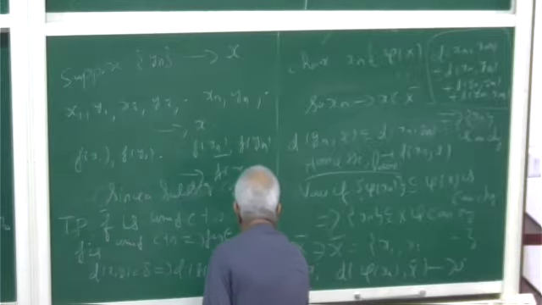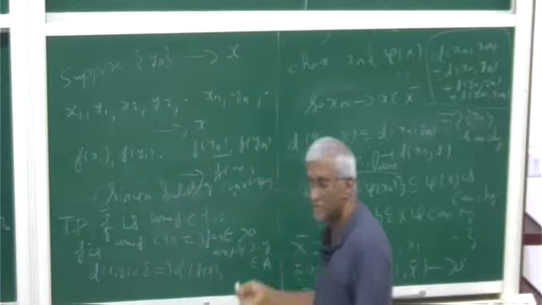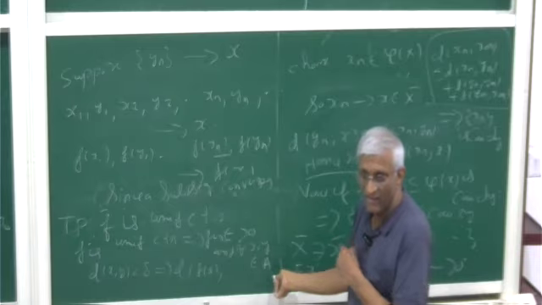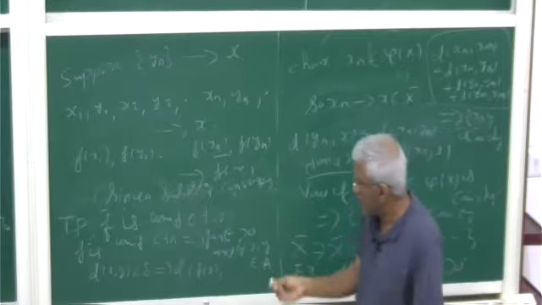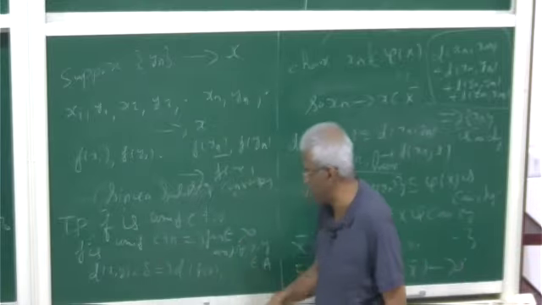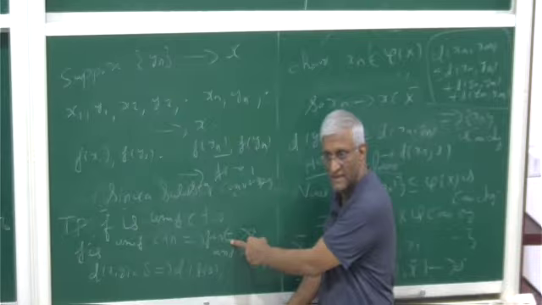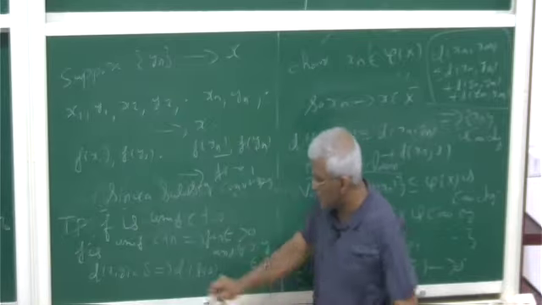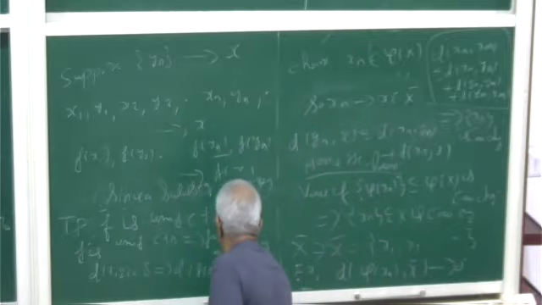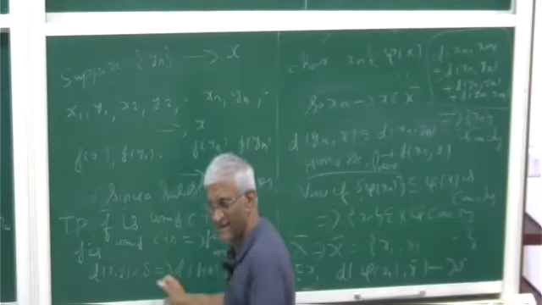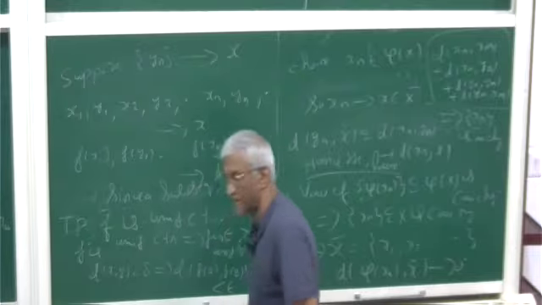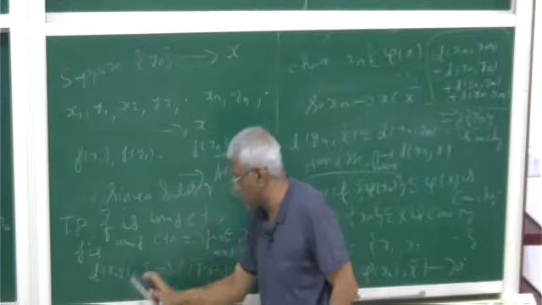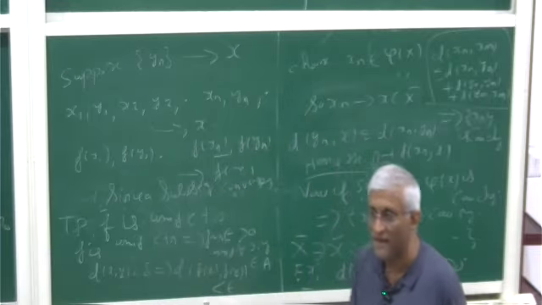I mean, f is uniformly continuous in A, and we want to prove that f bar is uniformly continuous in A bar. I'm using the same d for both of them, maybe d1, d2. Please don't worry about it.